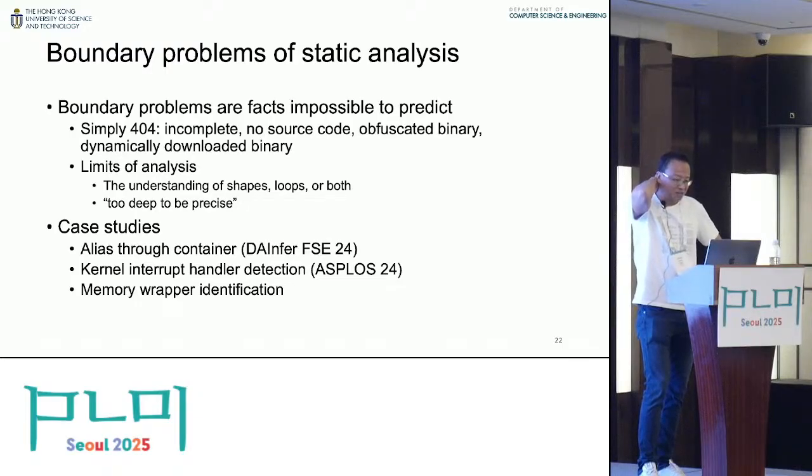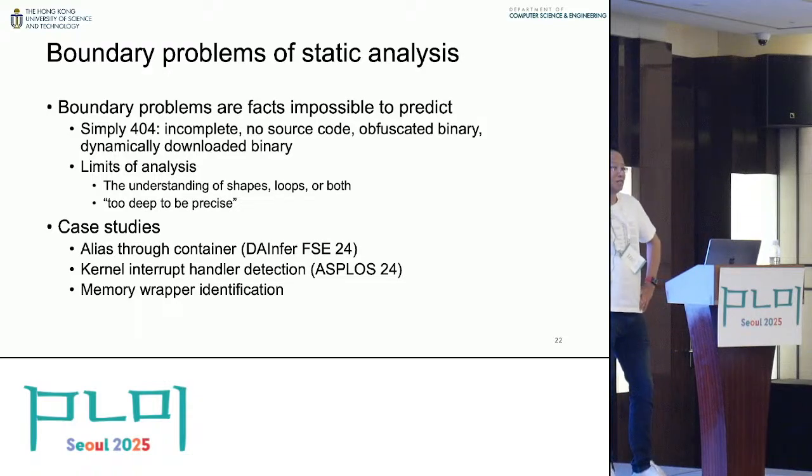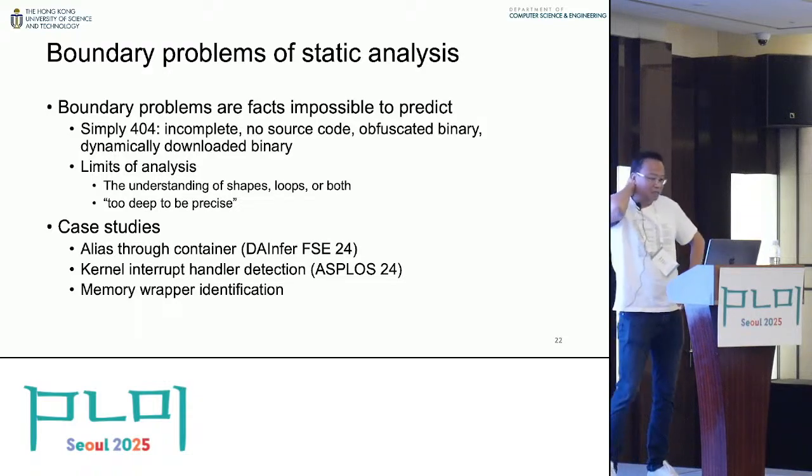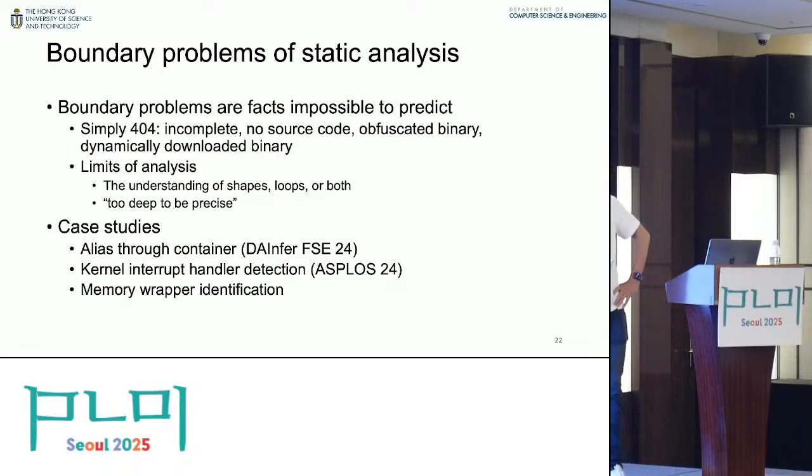Of course, they're simply missing, right? So that's one scenario. The second one is that they're in binary. Recovering from binary is a challenge by itself. Some binaries are heavily obfuscated. I have also seen other applications where the binaries are dynamically downloaded, so it's just impossible to have them.